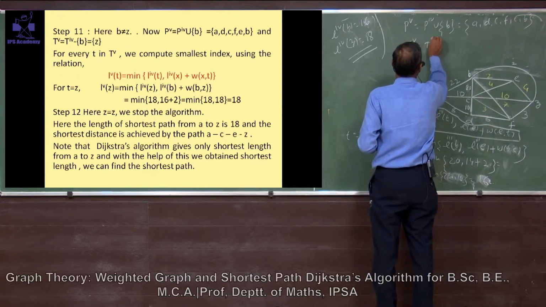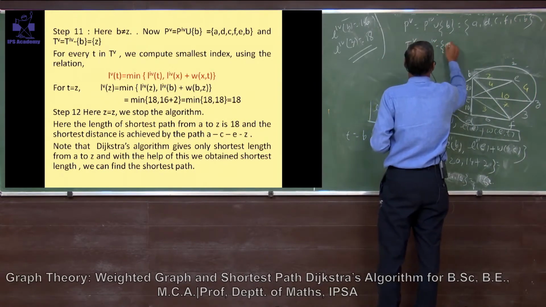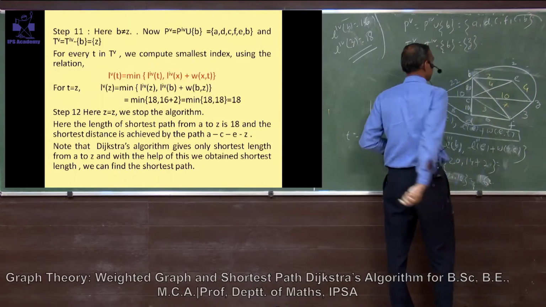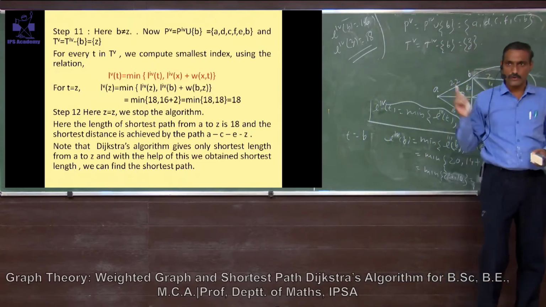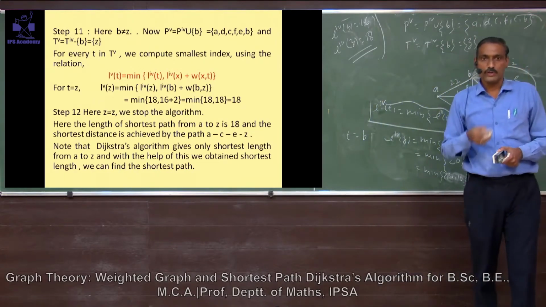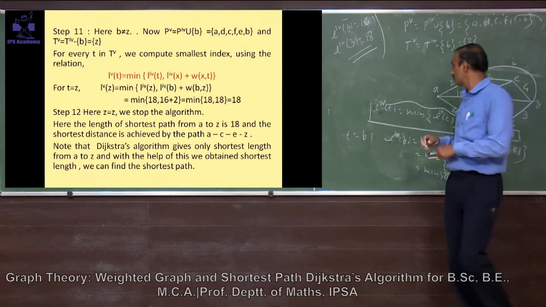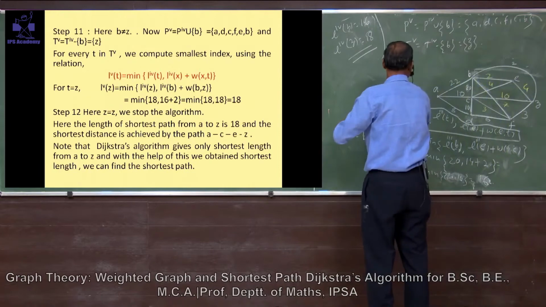T4 minus B, so we get only our vertex Z here. This is the last vertex, the final vertex. What will be the value of this one here?